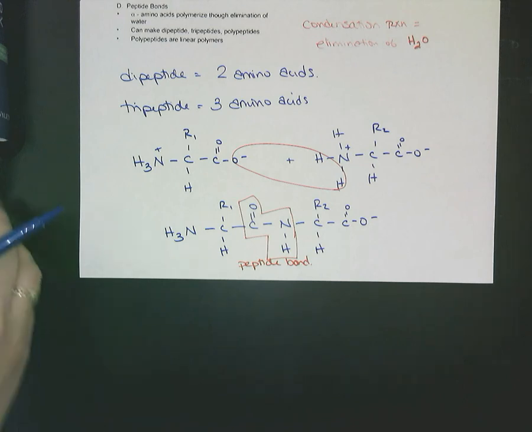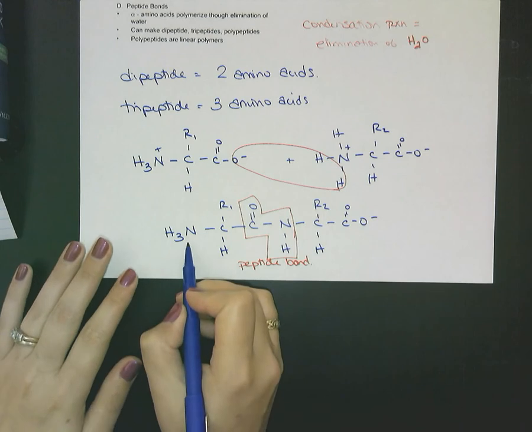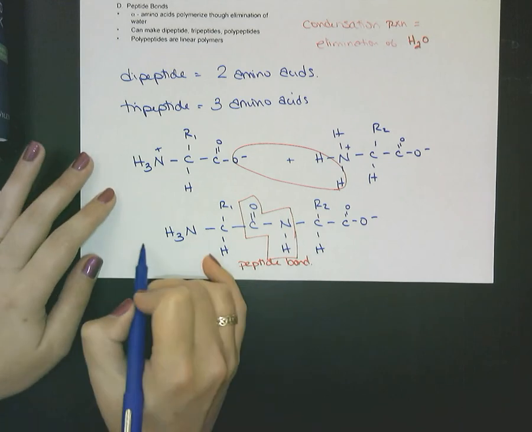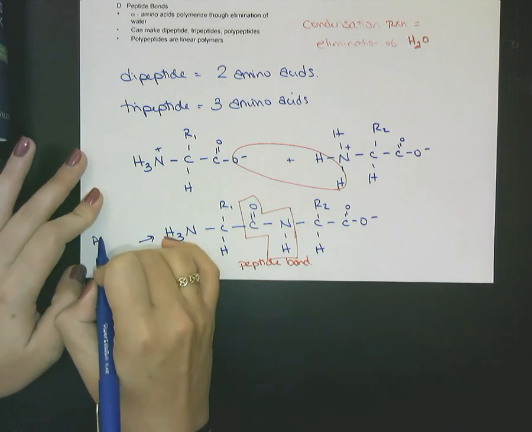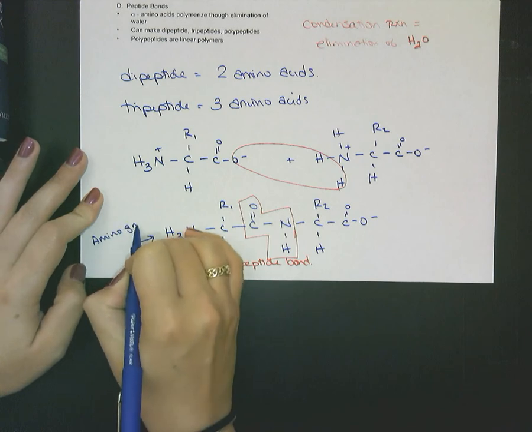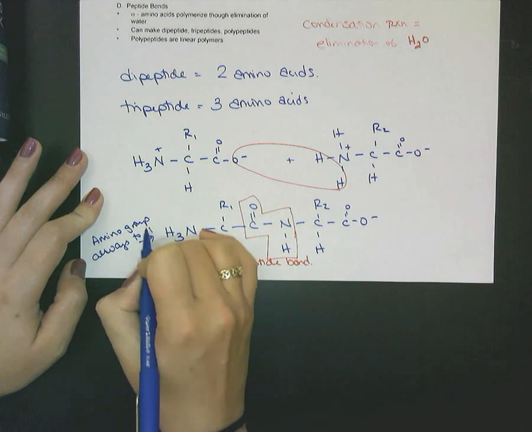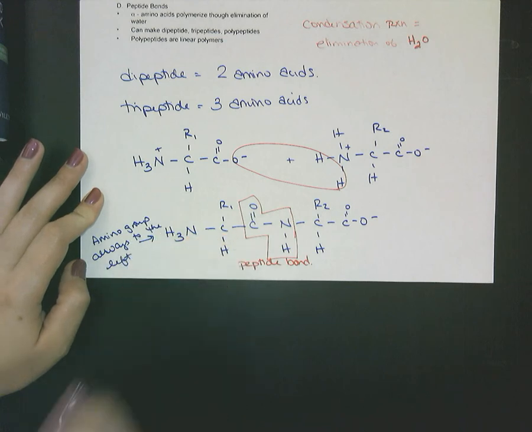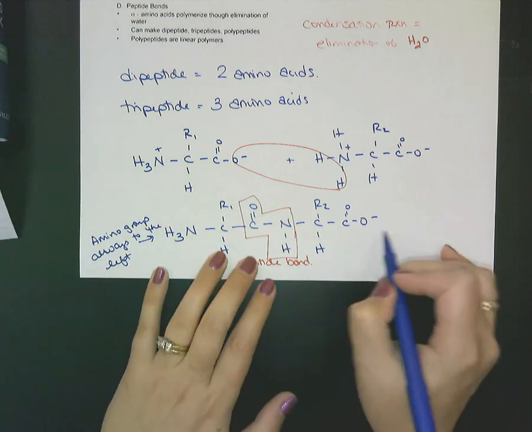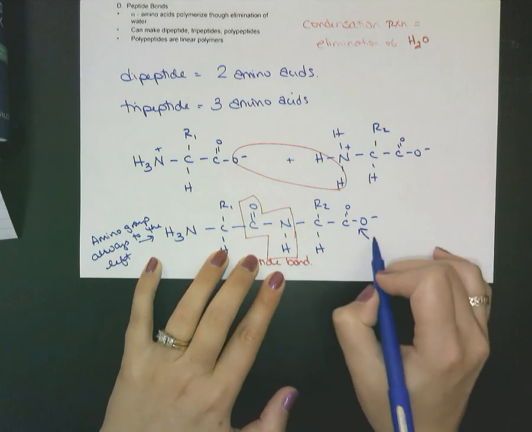By convention, so when you're talking to other biochemists out and about on the town, by convention, we will always draw it the same way. We'll always have the amino group on the left, we'll always have the carboxylic acid group to the right.